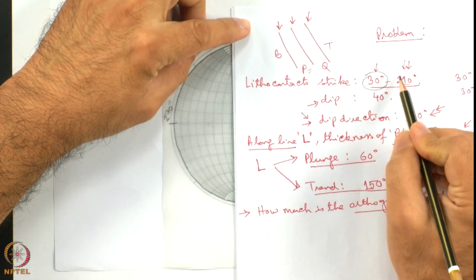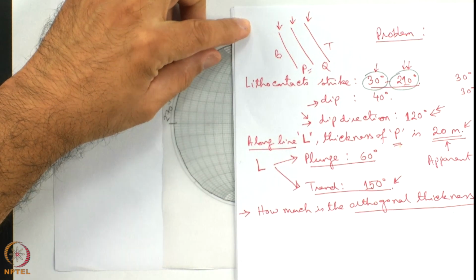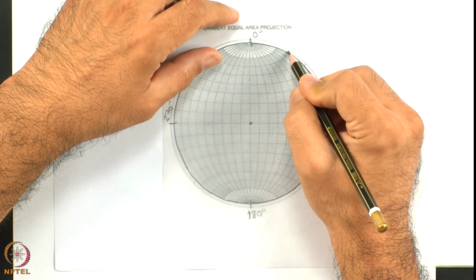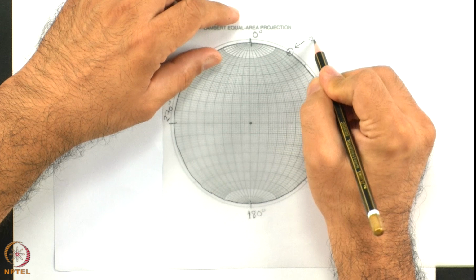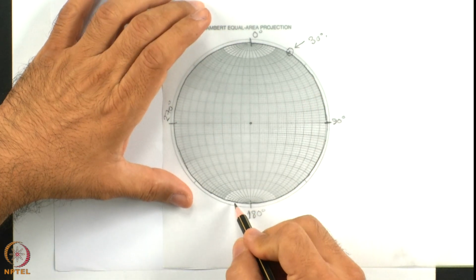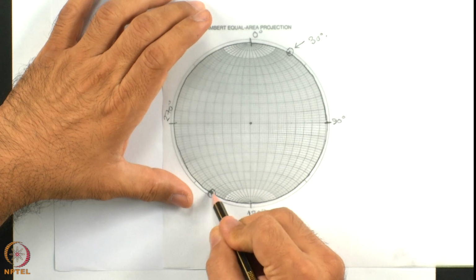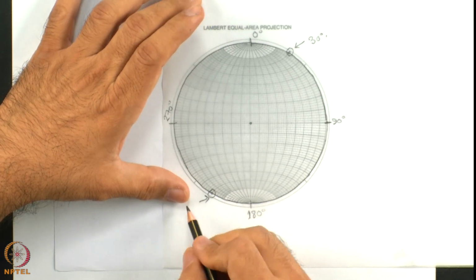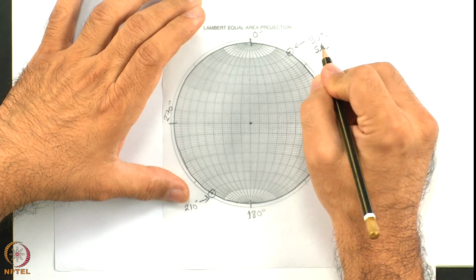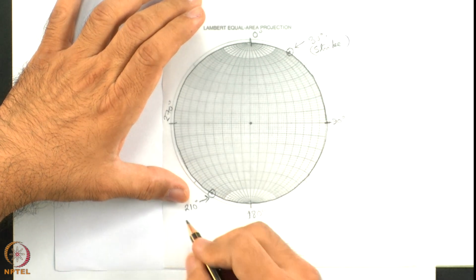It is 30 degree, 210 degree strike. So, first I plot 30 degree: 10, 20, 30, and 210 degree: 180 here, 190, 200 and 210. What I have plotted is the strike of the litho contact.